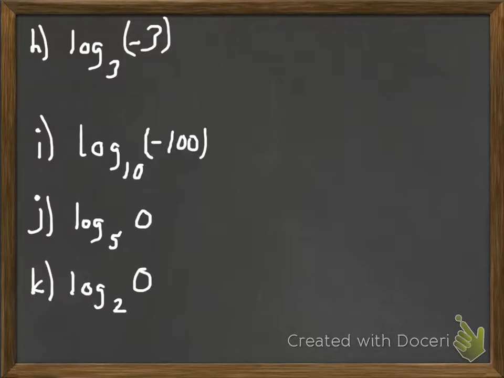I'll write that over here. And this isn't just true for 3, it's true for any number. Alright, so that's for all values of x. And what I'm trying to tell you is when you're trying to find log base 3 of negative 3, there is no power of 3 that gives you negative 3. So that logarithm is undefined.